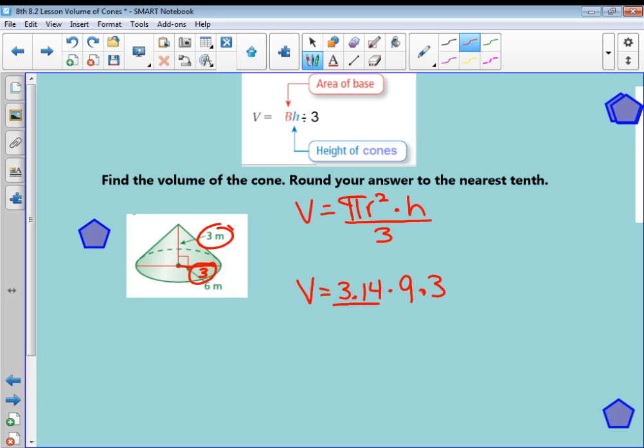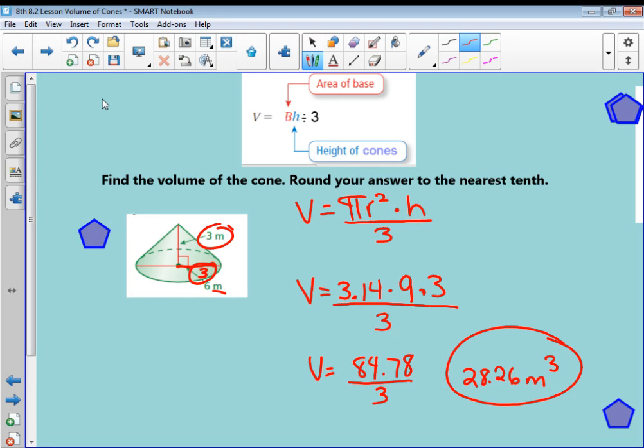And then in the end, we have to divide by 3. Okay, so volume equals 3.14 times 9 times 3, which gives me 84.78. And now we're going to divide that by 3. And when I do that, I get 28.26. Units were meters, and that's cubed.